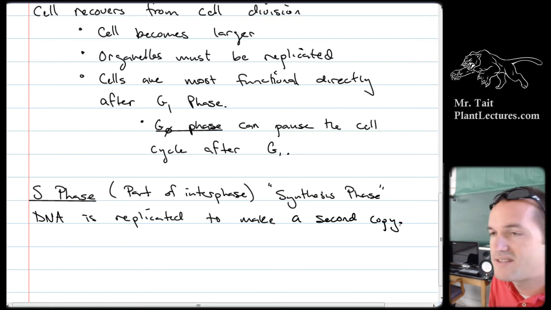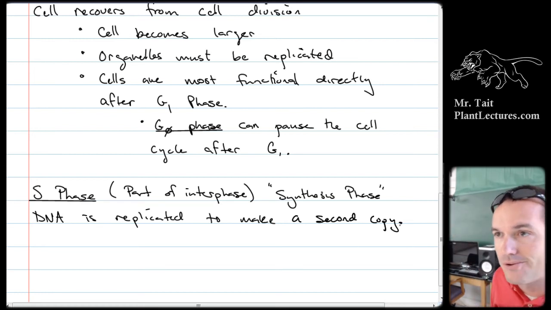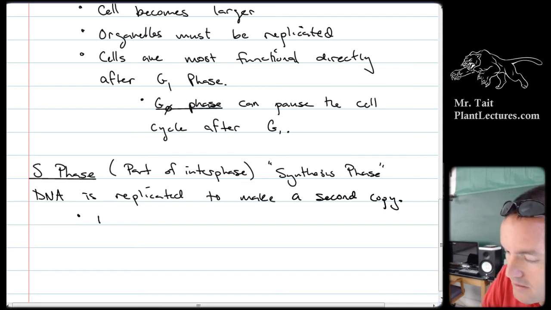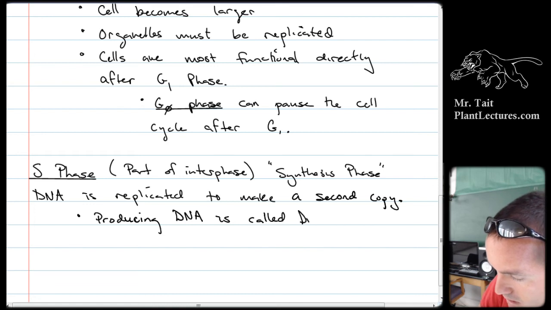So you start out with this double-stranded DNA, and then you're going to end up with two identical strands of double-stranded DNA after S phase is complete. The reason why it's called synthesis phase is because when you make new DNA, that's called DNA synthesis. So producing DNA is called DNA synthesis.